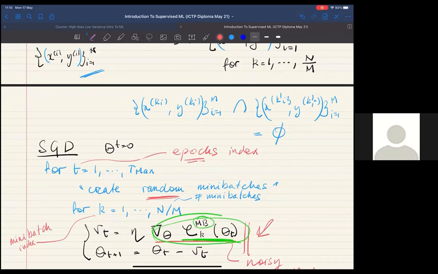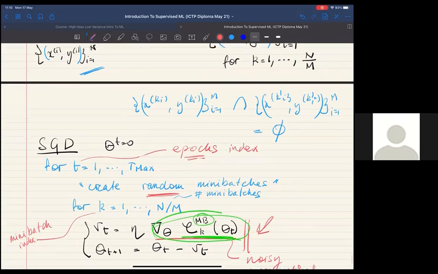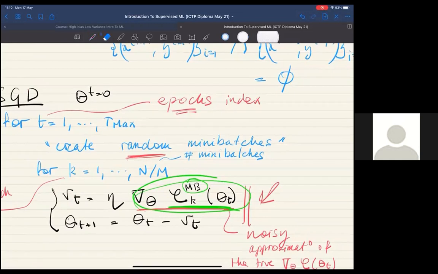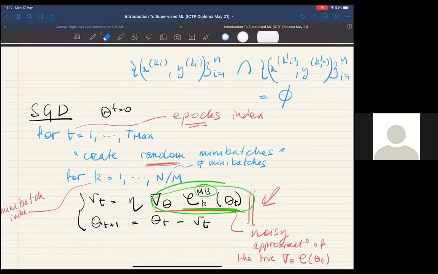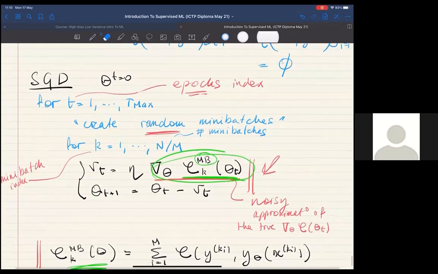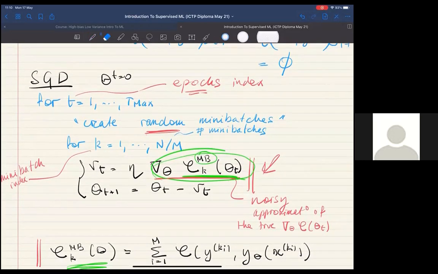So from one run to the other, even from the same initial condition, SGD will give you two different solutions once it has converged. The only difference is that you compute the gradient on a mini batch, a noisy approximation of the true gradient.